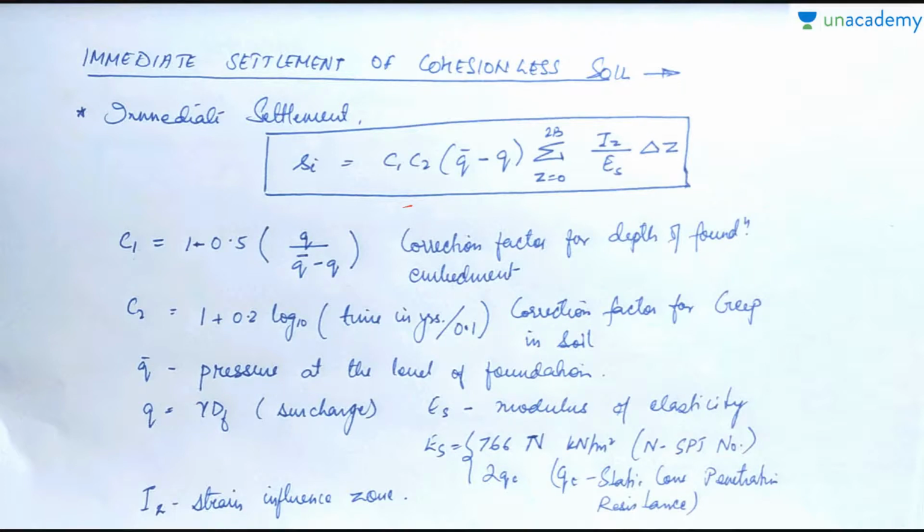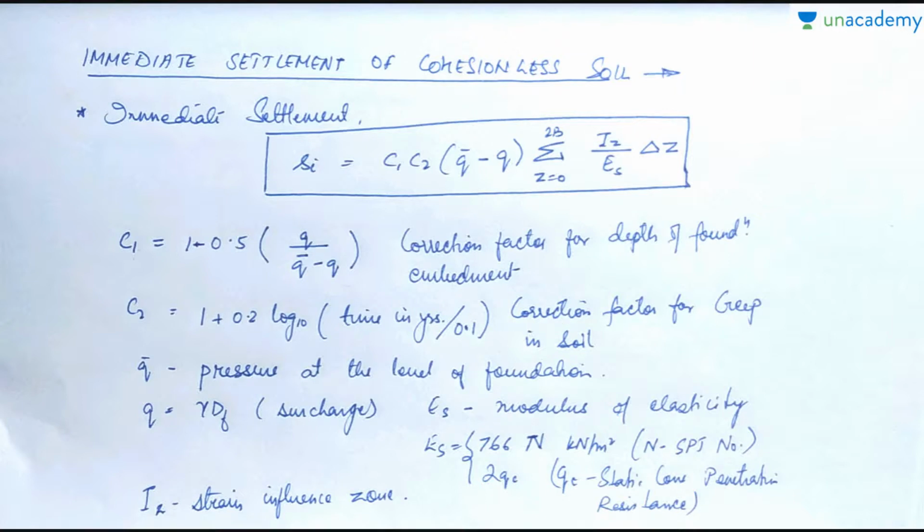C1 and C2 are correction factors, and the value of C1 is equal to 1 minus 0.5 Q upon (Q bar minus Q), and it is a correction factor for depth of foundation embedment. C2 is actually equal to 1 plus 0.2 log base 10 of (time in years upon 0.1). It is the correction factor for creep in soil.